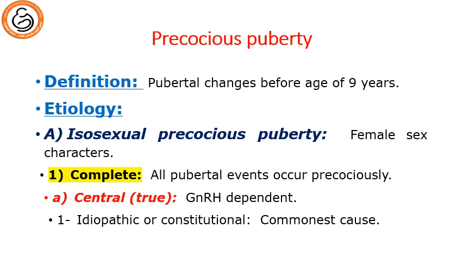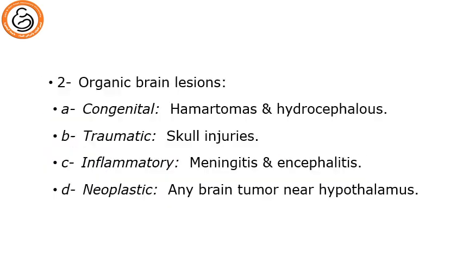All the girls of the family or of the community have early pubertal changes. Sometimes we have brain organic lesions: congenital like hamartomas and hydrocephalus, traumatic skull injuries, inflammatory like meningitis and encephalitis, or neoplastic, any brain tumor near the hypothalamus.